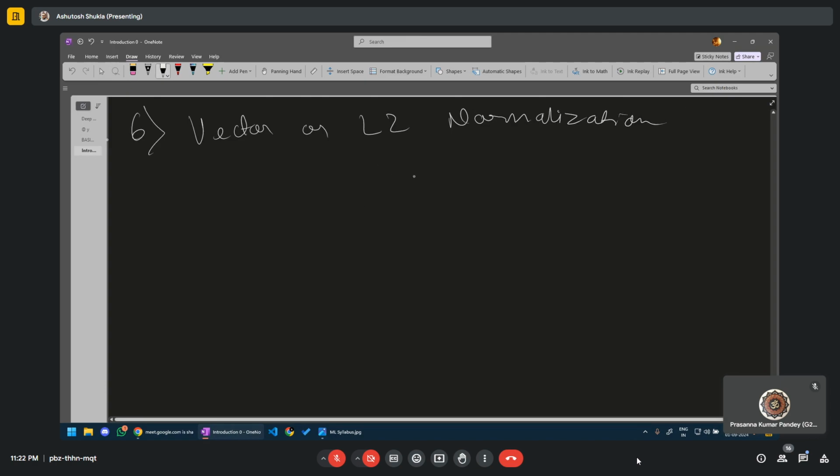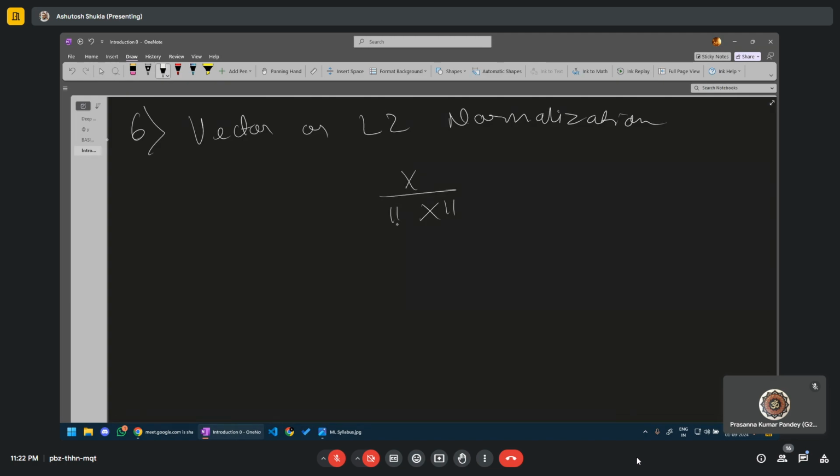Basically, it is as simple as taking a feature and dividing it by the norm of that feature vector. This will only work if you're taking multiple features as a single feature, in which case it turns into a vector.